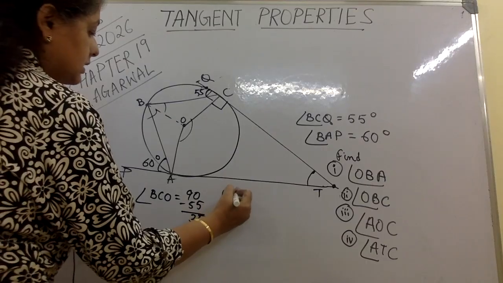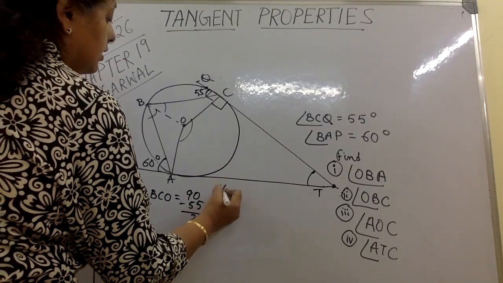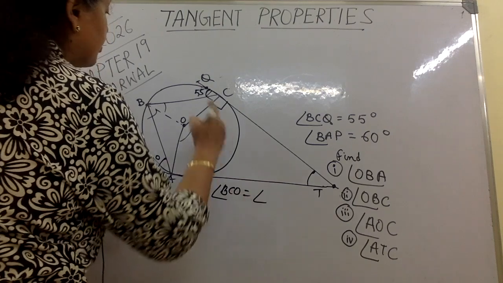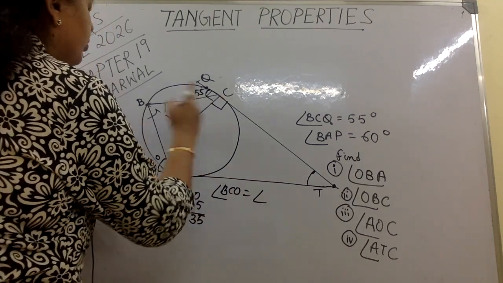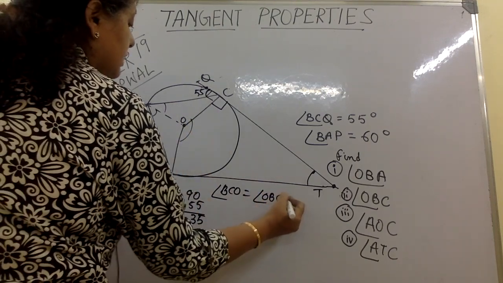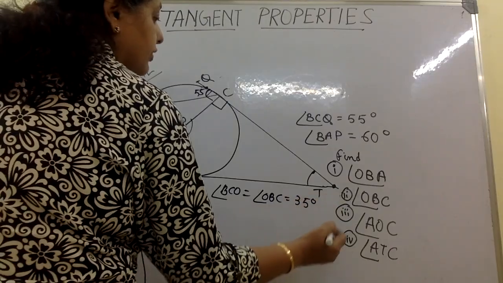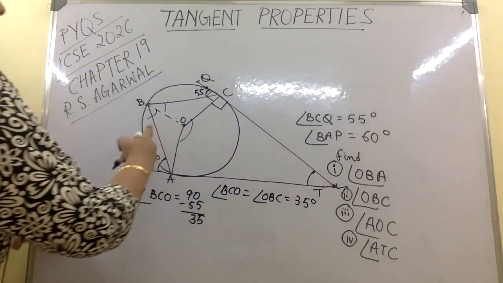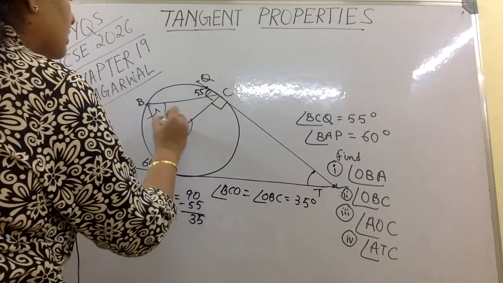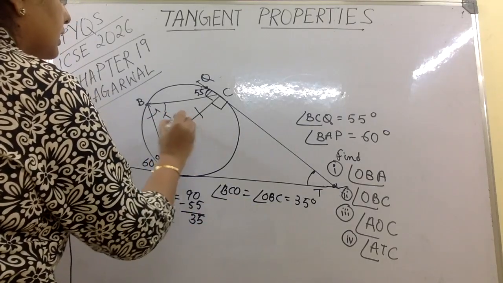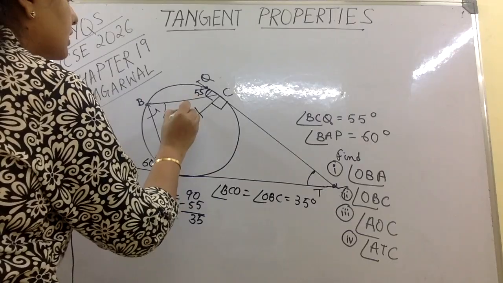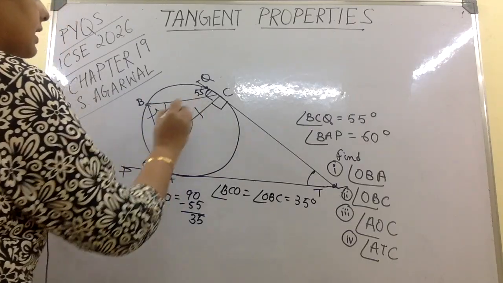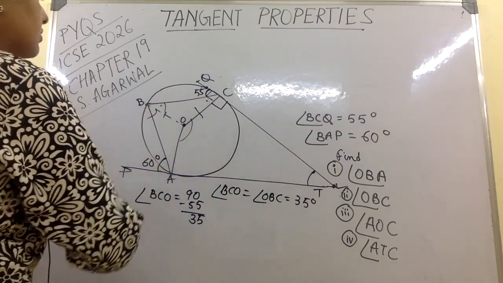Now angle BCO is equal to OBC, which is equal to 35. Why are they equal? Because these two are the radius, here is the center, so it forms an isosceles triangle. Therefore, if this is 35, this is also 35.